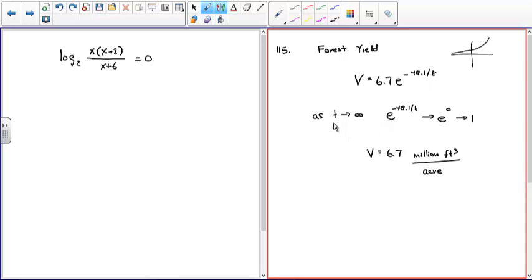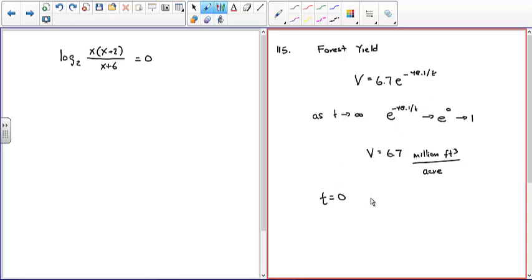And you can see as t goes to infinity, you get e to the negative 0 power, because you get a number over infinity, so this goes to 0. E to the 0 is 1, so the yield levels out. So it actually doesn't look like this. That's the way you'd think an exponential function would look, but it doesn't look like that in this case. So that's at t equals infinity.